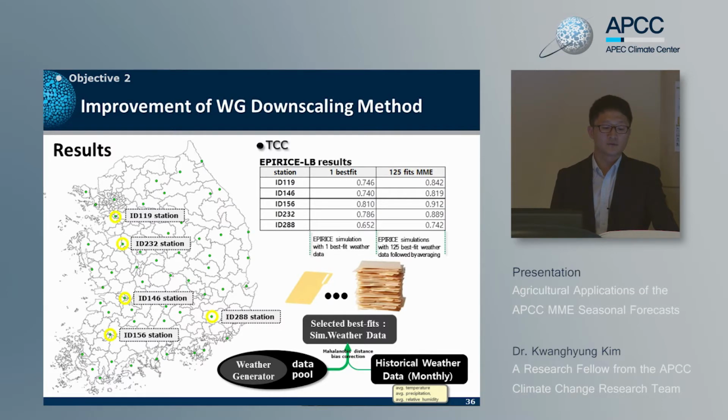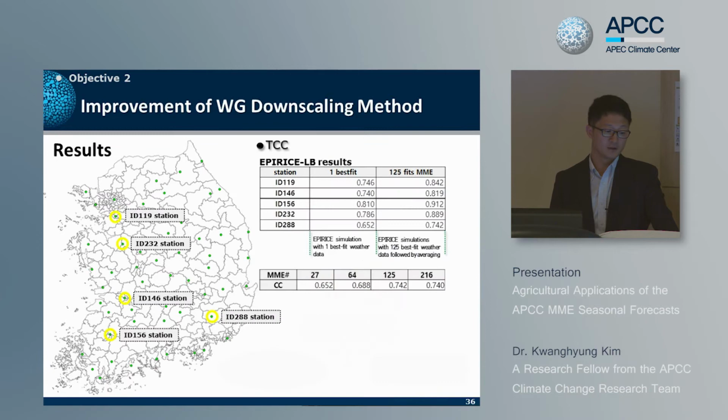Comparing this 125 fit MME result with just one best fit result, you can clearly see the MME gives better results. Basically, you have many options of how many MME members you want to use to improve performance. But as you can see here, 125 was the smallest with the best result.